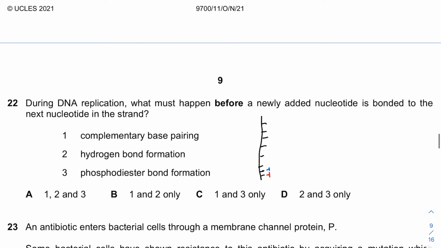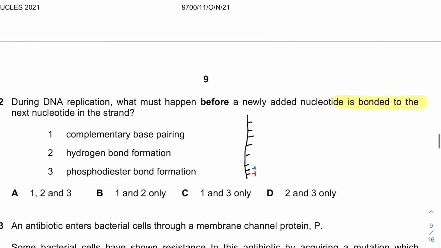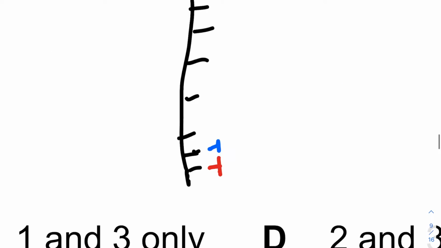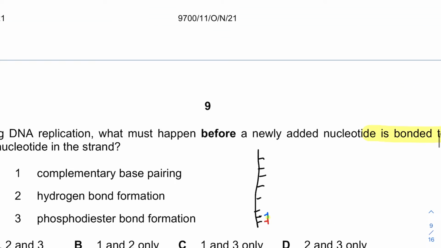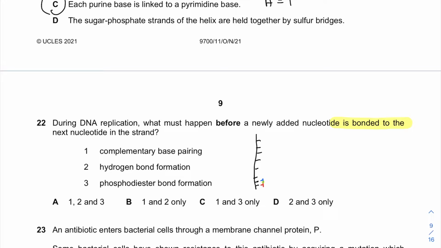So the question is asking, before a newly added nucleotide is bonded to the next nucleotide, before the phosphodiester bond here in green is formed, what needs to happen would be complementary base pairing and hydrogen bonds.